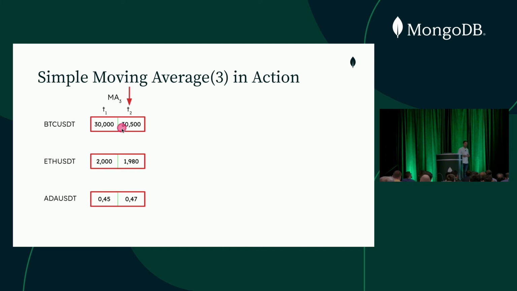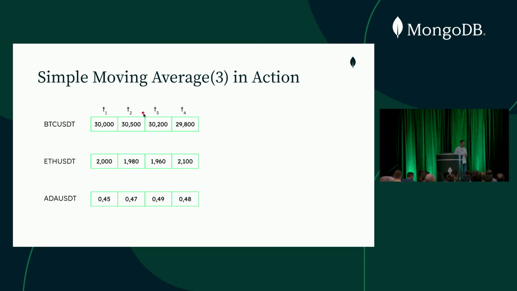For example, we will sum up these 2 values and divide by 2, and it's going to be our moving average. And we need to repeat this operation for every available cryptocurrency, okay? And for day 3, we have a new record, and we need to consider now 3 days of price, because we are looking for a 3-day moving average, okay? So we need to sum up these 3 records and divide by 3, and we will end up having the moving average.